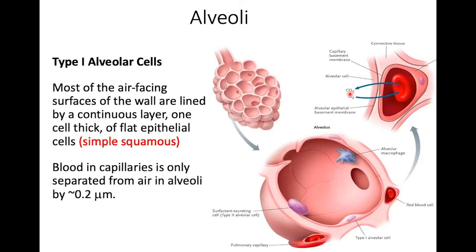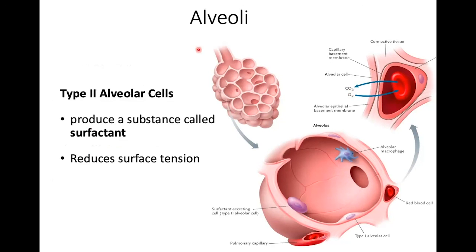Now, what allows us to keep these alveoli open even when we are breathing out are the type 2 alveolar cells. So here you can see an example of one of those type 2 alveolar cells. The reason that these are so crucial is because they secrete a substance known as surfactant. Surfactant helps to decrease the surface tension of all of the opposing layers of one alveolus.